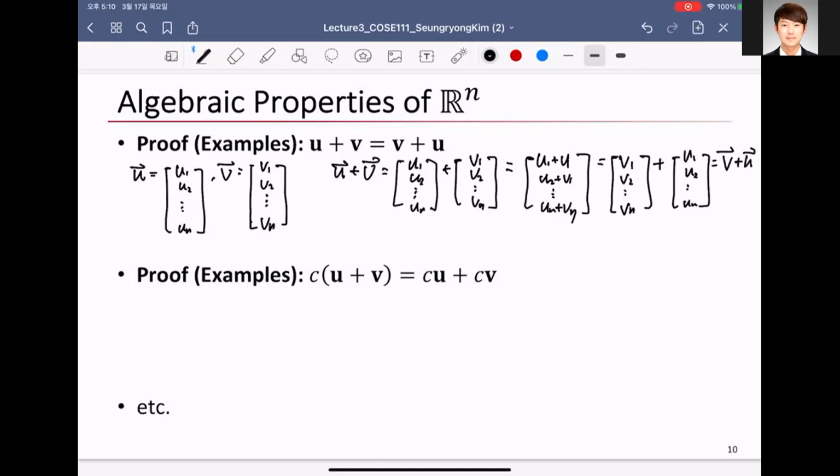Very easy. Another example: c(u + v) is equal to cu + cv.